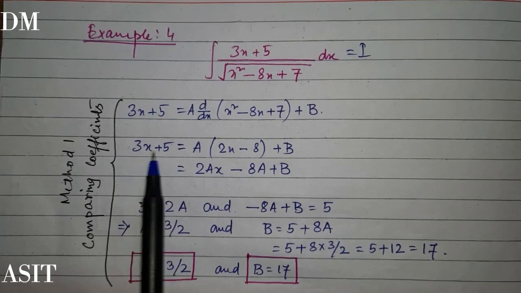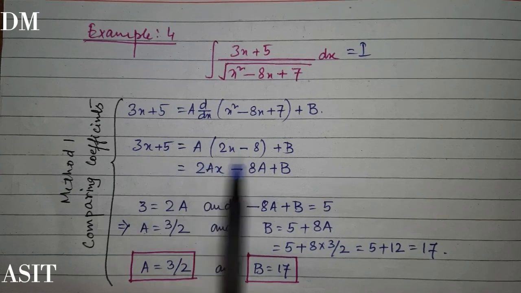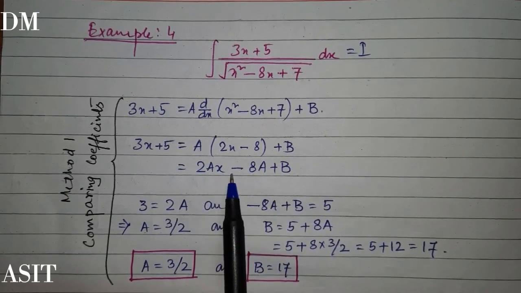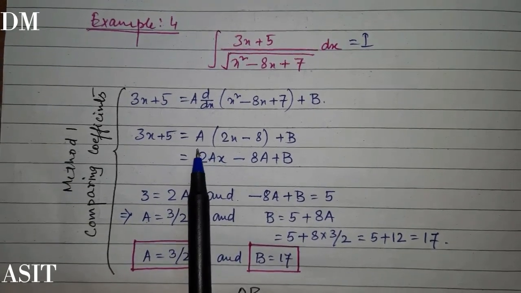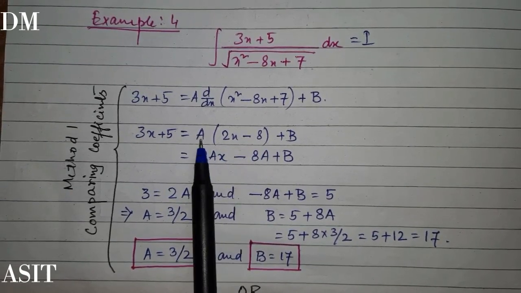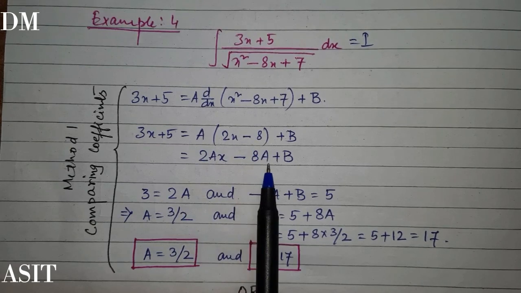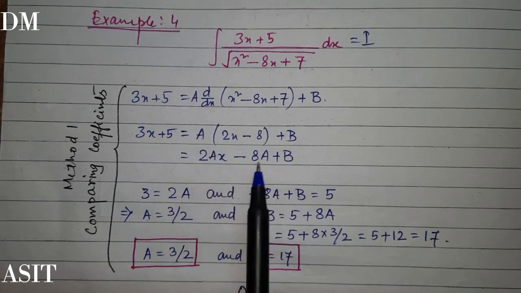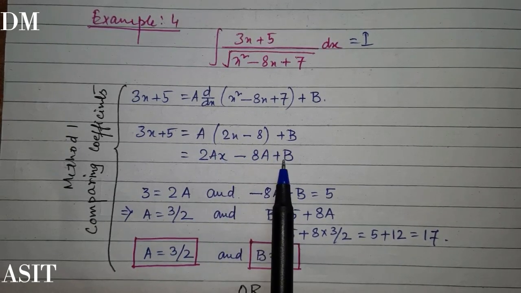It is already in the form of px plus q, so we multiply a: 2ax minus 8a plus b.